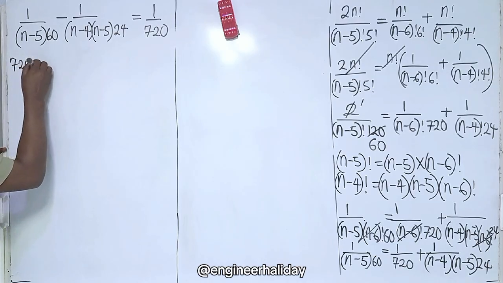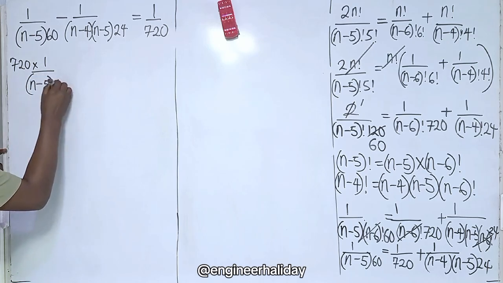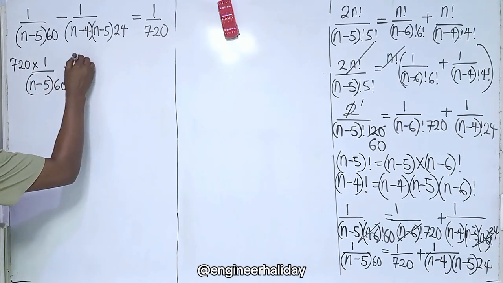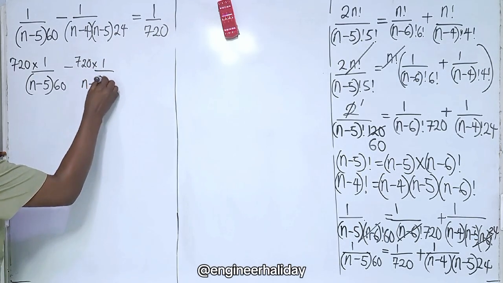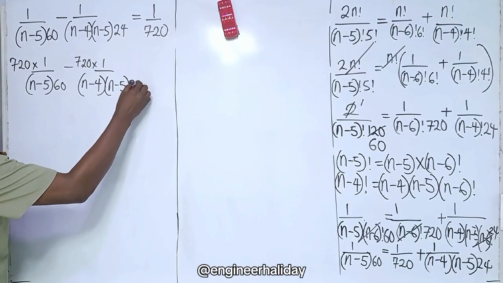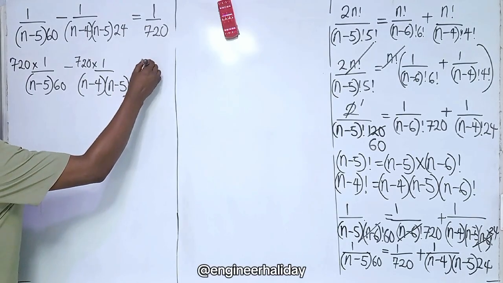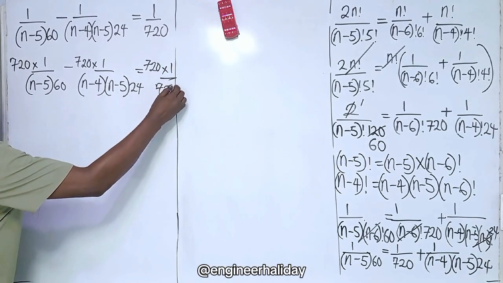720 multiplied by 1 divided by n minus 5 times 60, minus 720 multiplied by 1 divided by n minus 4, n minus 5 times 24, equal to 720 multiplied by 1 over 720.